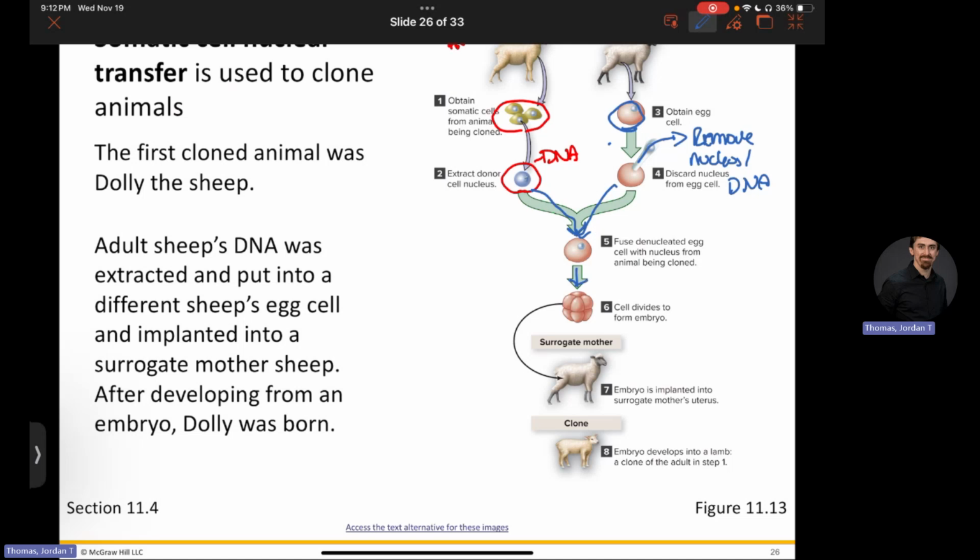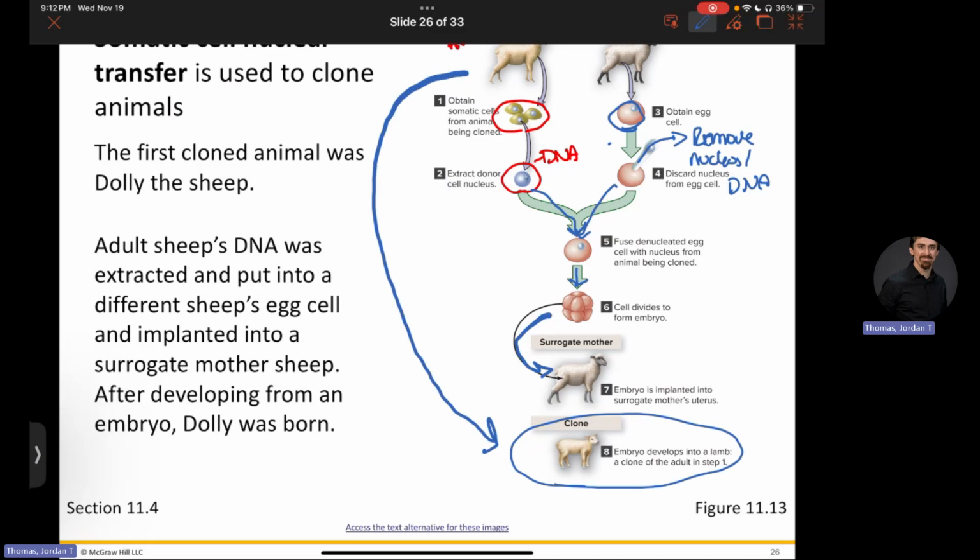The embryo divided, was put into a mother, another sheep, and we got the clone. And that clone, because it had the DNA of Dolly, was Dolly again.